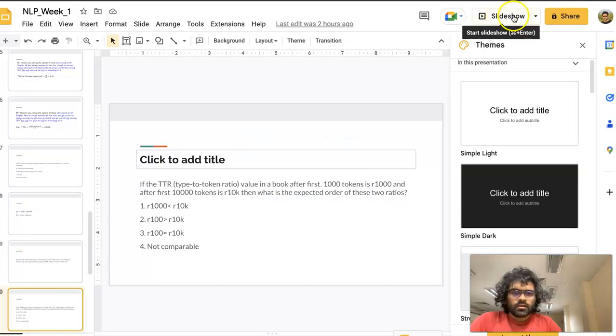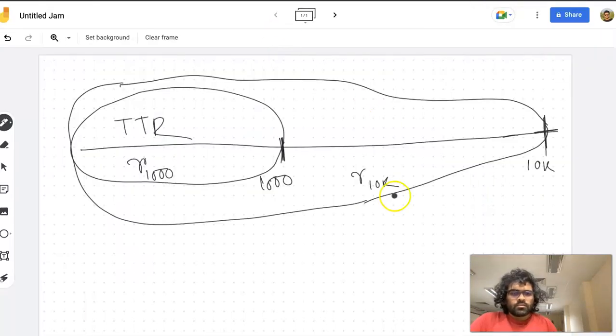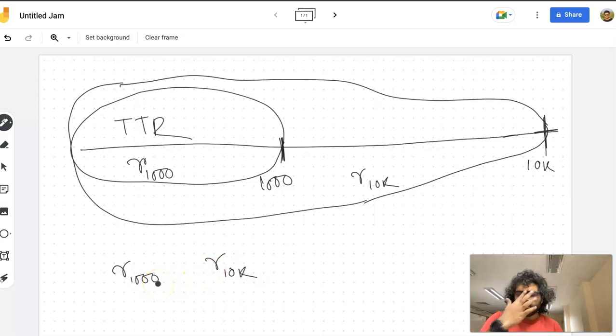Okay, R 10k. Now what is the relation between R 10k as R 1000 and R 10k? Now if you think carefully about this thing, the formula for TTR, the upper part is the number of distinct words.